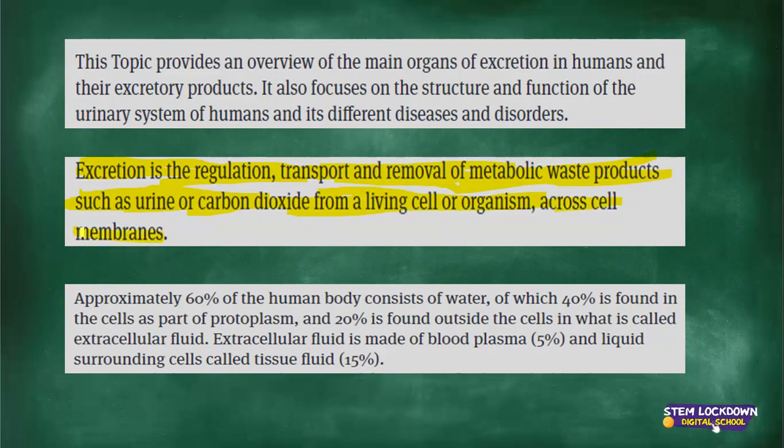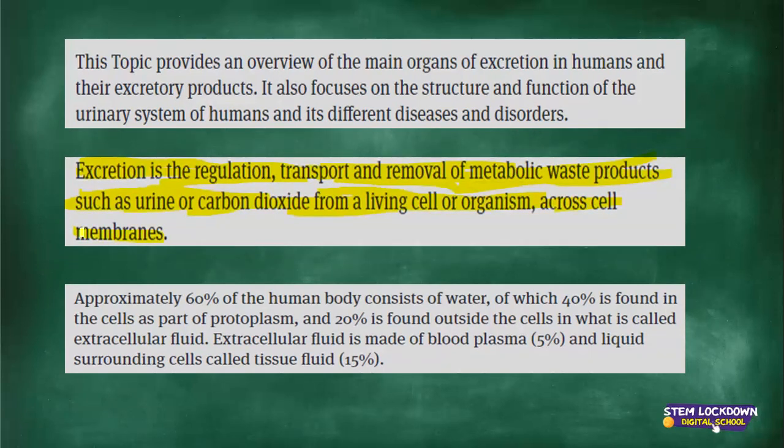Yes. Approximately 60% of the human body consists of water. About 60% of you, in your body, there's water. And of that 60%, 40% is found in the cells as part of the protoplasm. You remember in the protoplasm, you find the cytoplasm as well as the nucleoplasm, right?